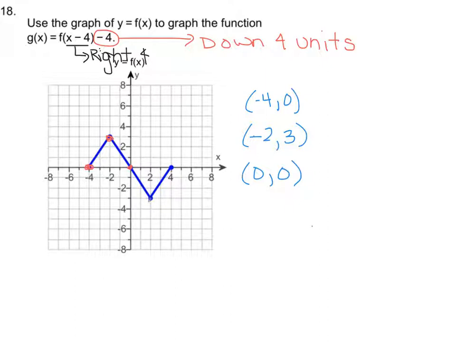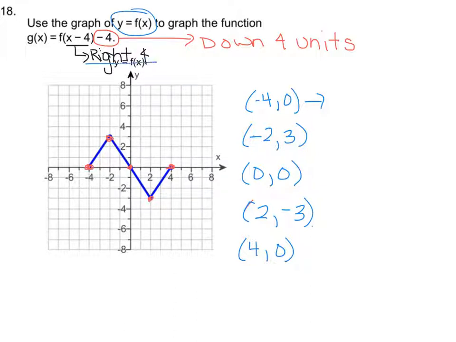A 2, negative 3. And finally a 4, 0. Now again, these ordered pairs represent the original ordered pairs of y equals f of x. So I'm going to apply the transformations to these ordered pairs.